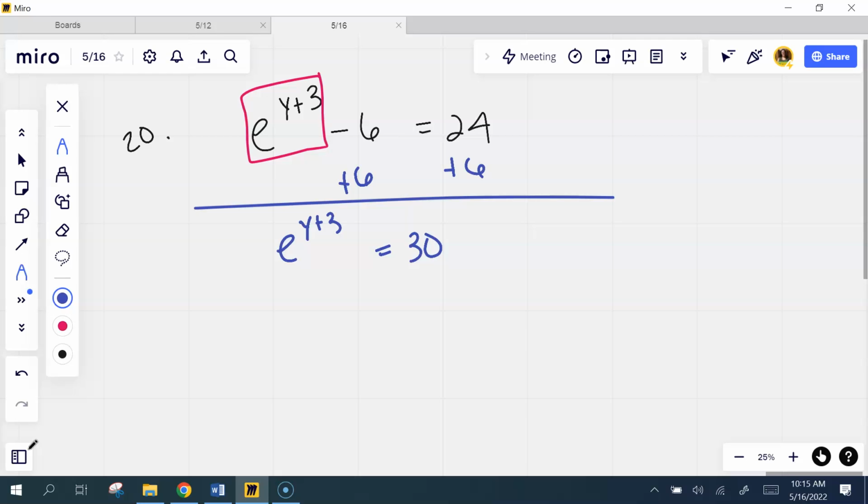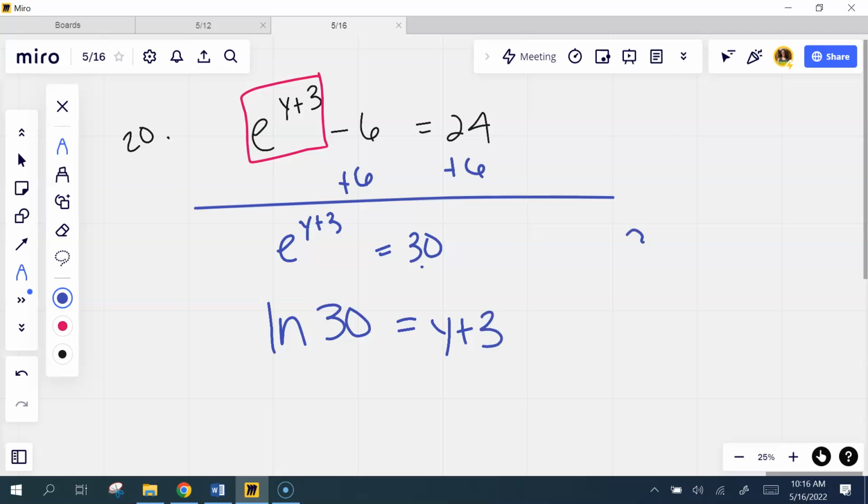When you get the exponential piece by itself, change the form. So it's going to be log base what? What's the base? e. Anytime I have log base e, that's the same thing as ln. So that's log base e of 30 equals y plus 3.